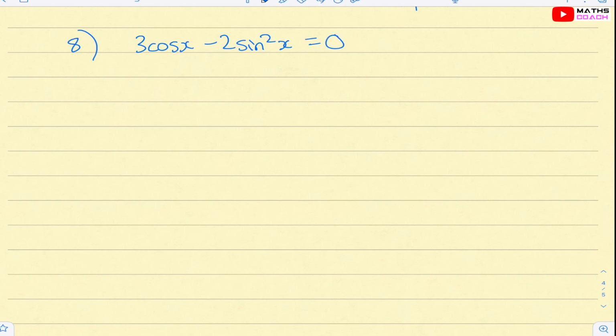So you have 3 cos x minus 2 brackets. We're going to substitute again. We're going to try and get it all in terms of cosine, because I can easily see how to manipulate the sine squared to get it in terms of cos. So again, using the same principle as before, 1 minus cos squared x equals 0.